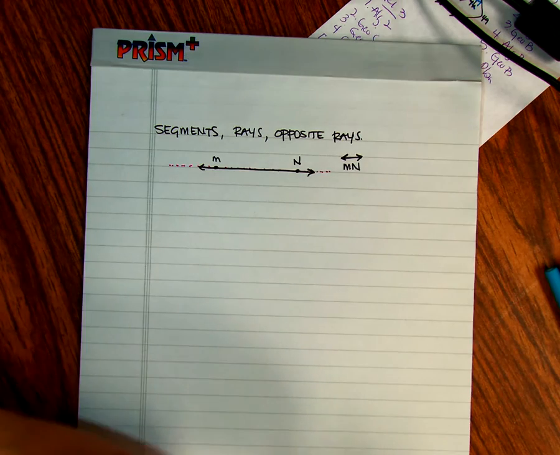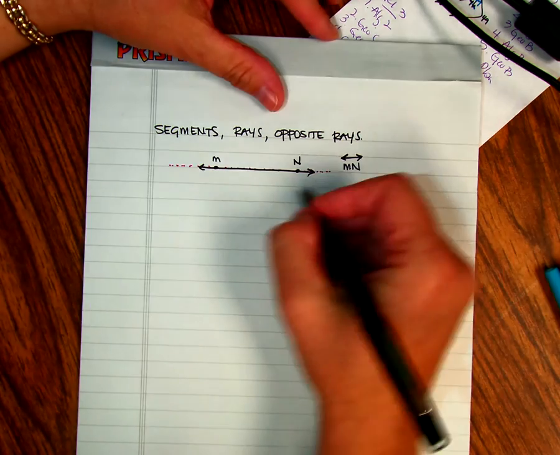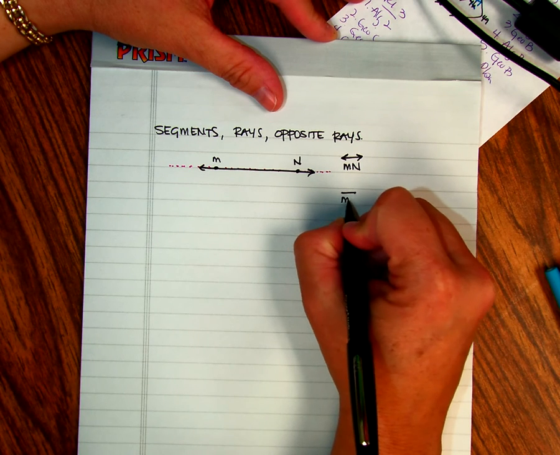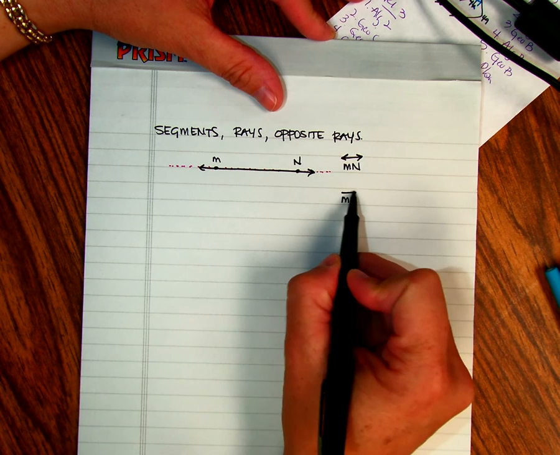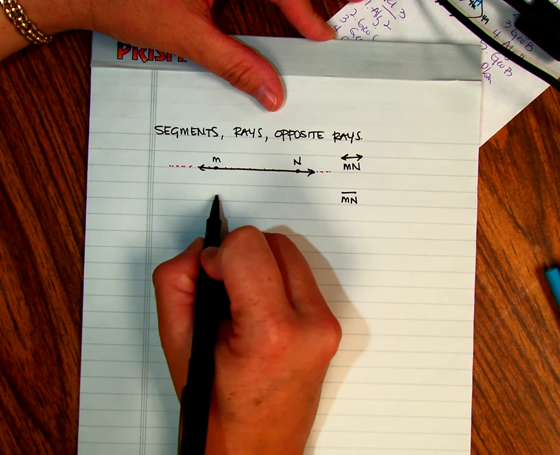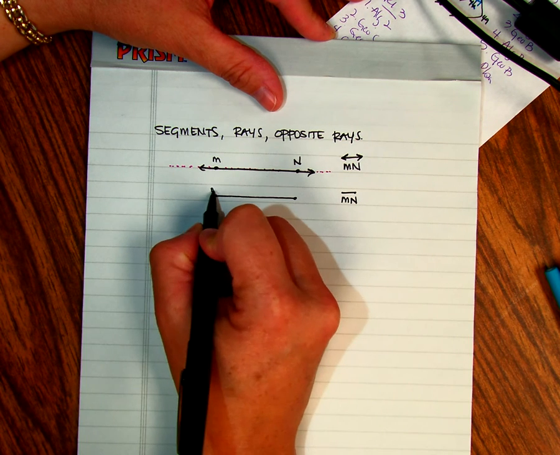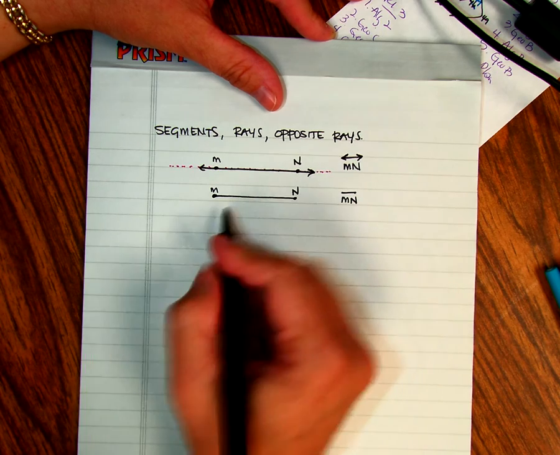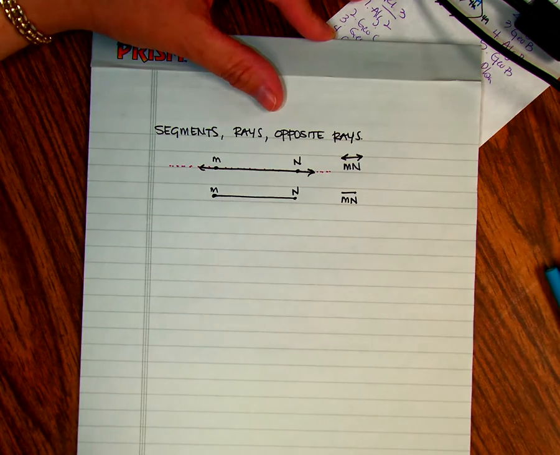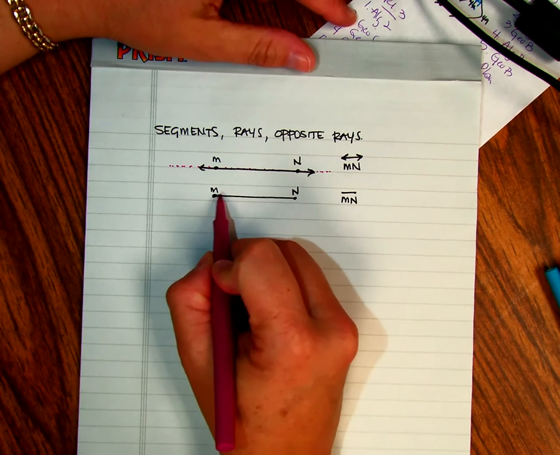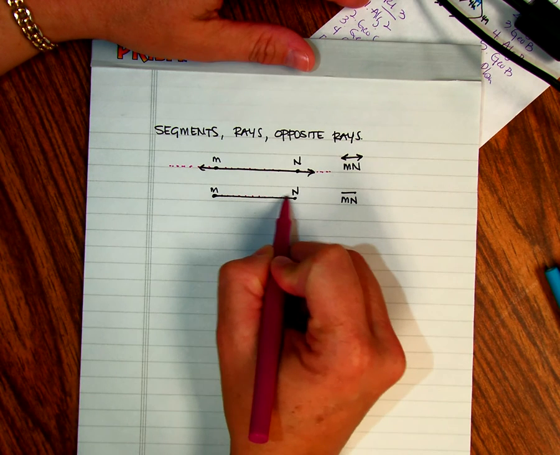Okay? If I am talking about segment MN, notice no arrows, because for segment MN, we would be talking about just points M and N and all the points in between.